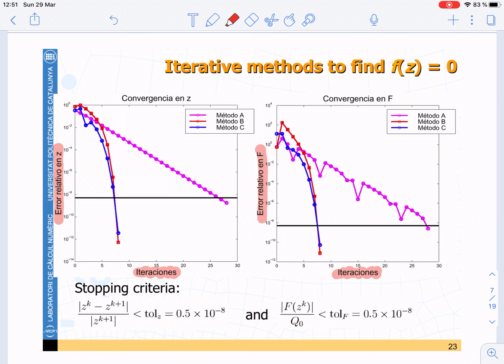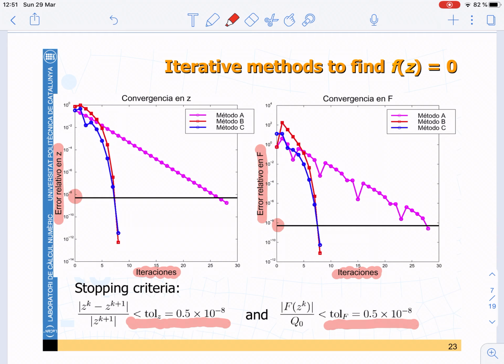We have methods A, B, C corresponding to the three methods we saw in the first video on root finding. And we have, as previously discussed, these two relative stopping criteria, one based on the solution and another based on f. These tolerances shown here correspond to this value and this value.